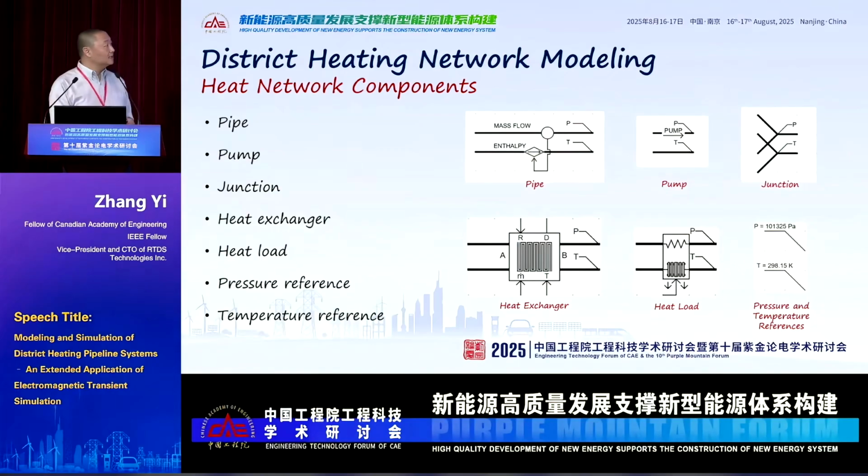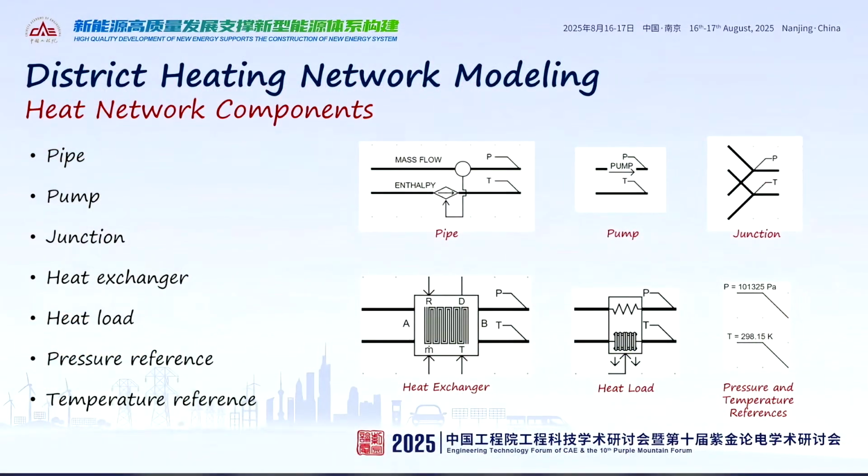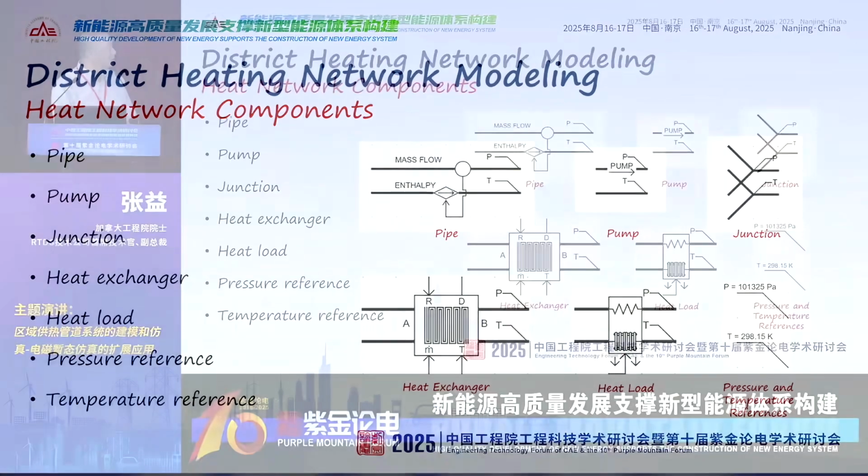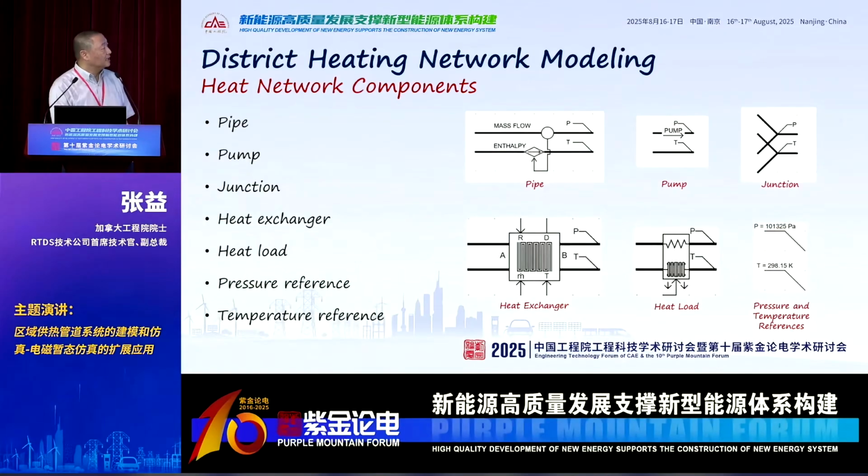Then the other things, besides the pump, other stuff is pretty straightforward. So basically, we need the pump model to generate the pressure to move the water, and we have the junctions. In the junctions, we just use the KCL like a circuit, and we also have a heat exchanger.